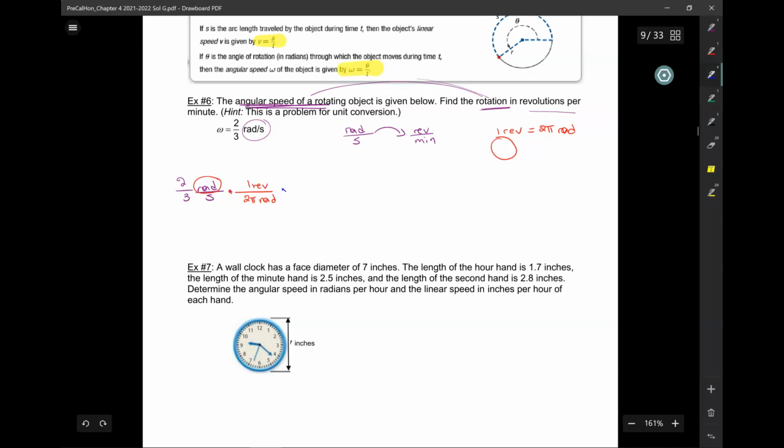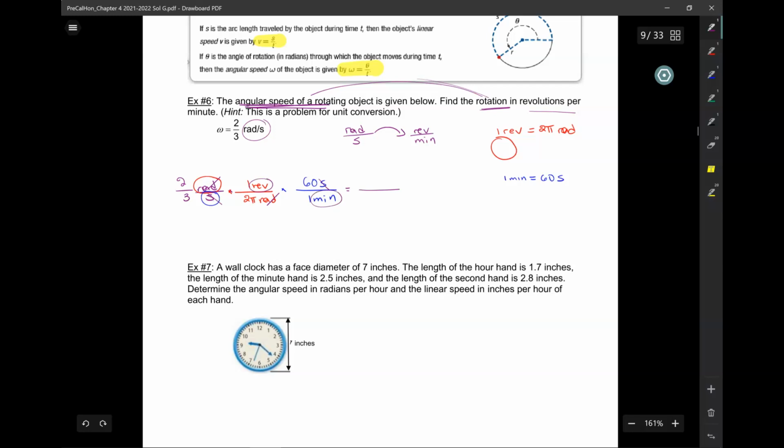Times, now I want to convert seconds into minutes. What's the relationship? 1 minute is 60 seconds. Seconds is on the bottom here, so it goes on top here, 1 minute. So finally, when radians cancel and seconds also cancel, you end with revolutions per minute.